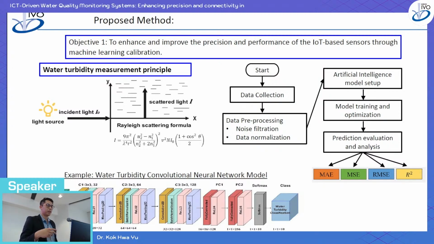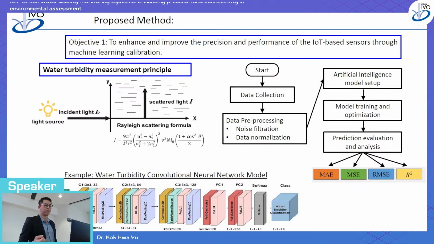So we do pre-processing where we filter the noise and do some data normalization, and we use some AI model to train it and improve the prediction. There are performance metrics that we use to gauge it, like MAE, MSE, ISE, and also R2. The model that we can use is the INN model.